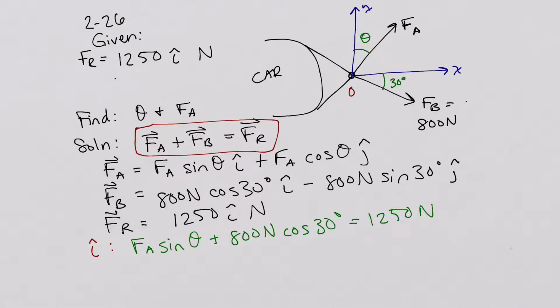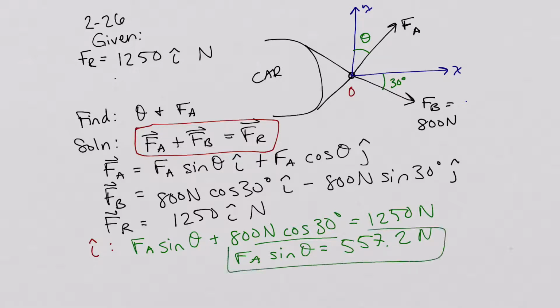We have two unknowns in one equation. Fortunately, we can also do a second equation for the j direction. But I'm going to go ahead and make this one a little bit simpler. So I'm just taking this component and moving it over to the right side. So we get FA sine of theta equals 557.2 newtons.